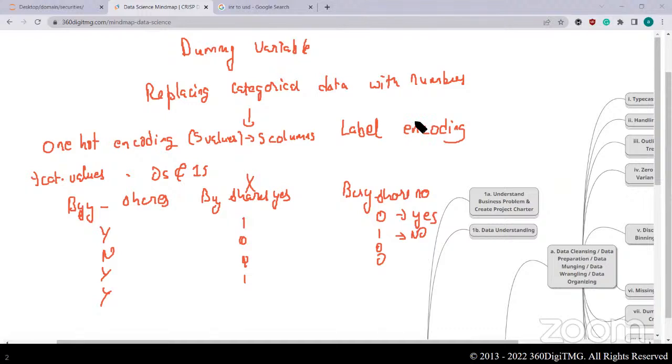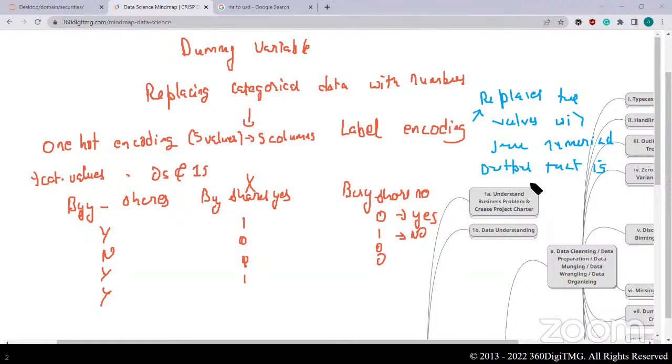But in label encoding, what happens is it replaces the values with some numerical output that is ranged between 0 and n.